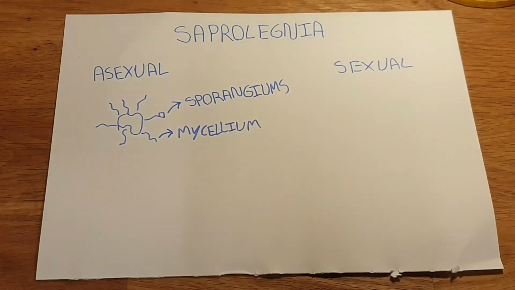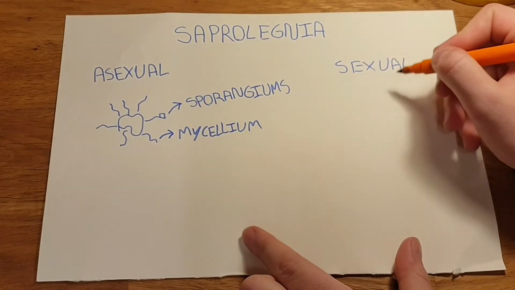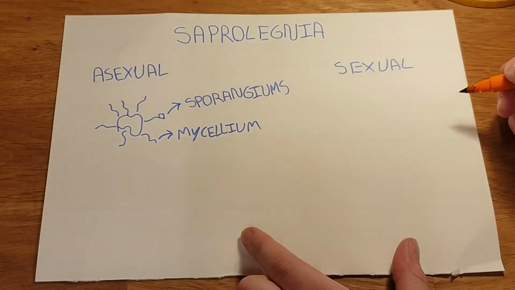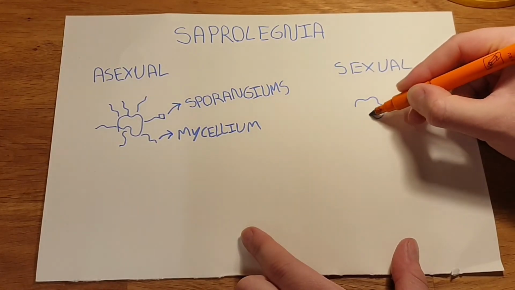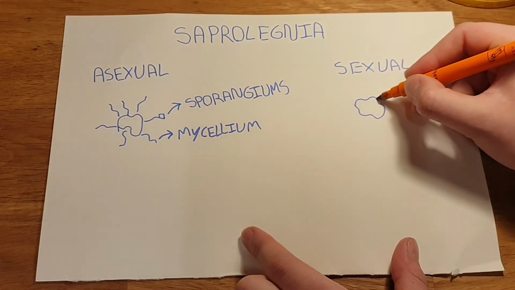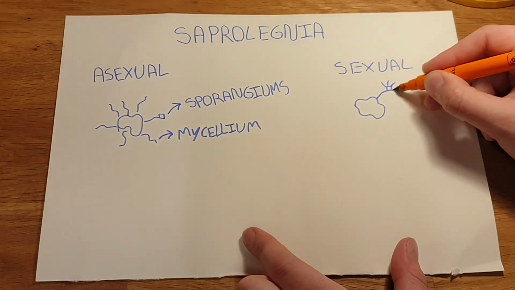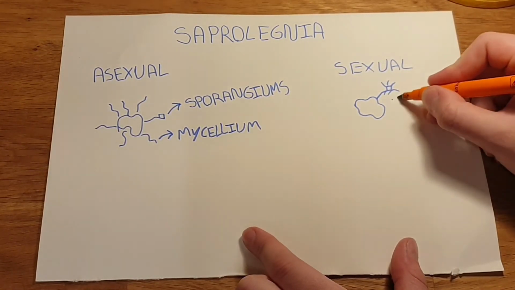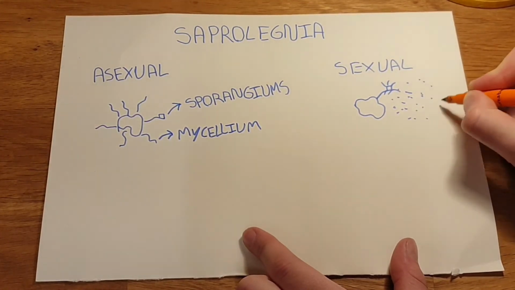Okay, so these will eventually burst and produce zoospores. So zoospores are the sexual way of reproduction by this fungus. And how that works is these myceliums, at the end the sporangiums will burst and they will produce loads of zoospores like that.